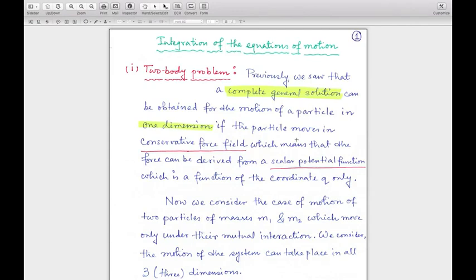Previously, we saw that a complete general solution can be obtained for the motion of a single particle moving in one dimension only, under the condition that the particle is moving under a conservative force field. That means the force can be derived from a scalar potential function.